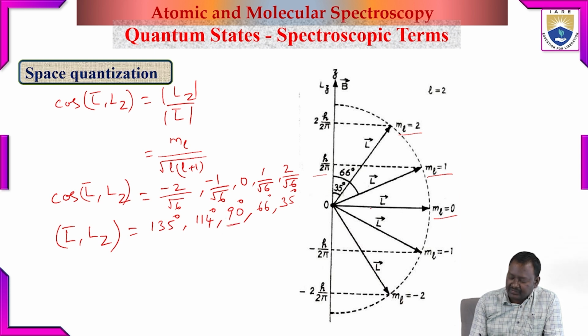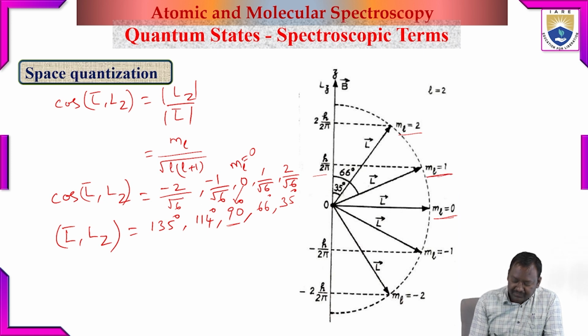So that's why we are seeing 90 degrees for the cos 0 value. For ml equal to 0, the orbital angular momentum vector is at 90 degrees with the magnetic field direction.